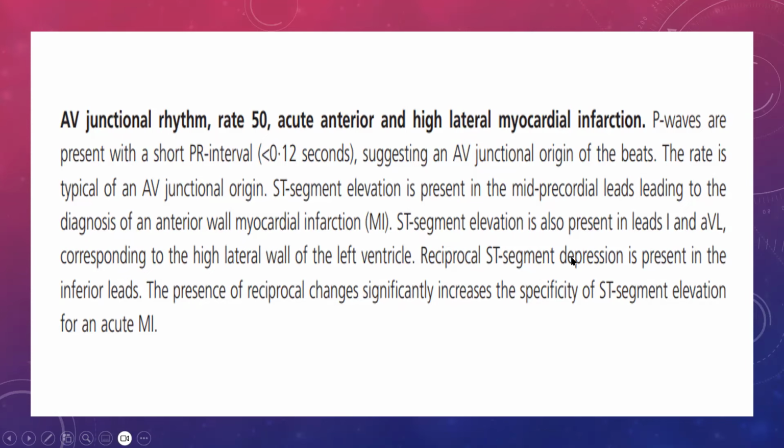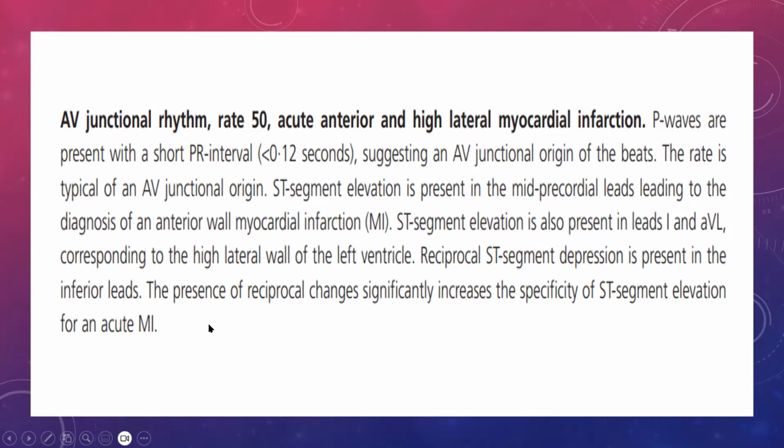And reciprocal ST segment depression is present in the inferior leads, as we expected to see. That was the most important part for you guys, to see ST elevations and to see reciprocal changes, so that you understand why these two should be taking place and why they are present. Okay. So the presence of reciprocal changes significantly increases the specificity of ST segment elevation for an acute MI.